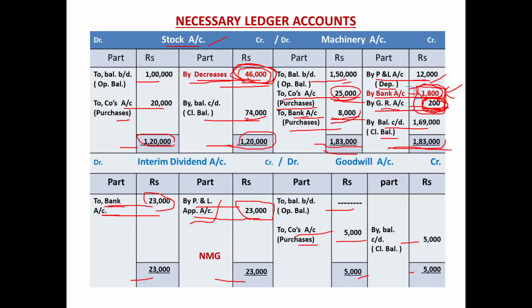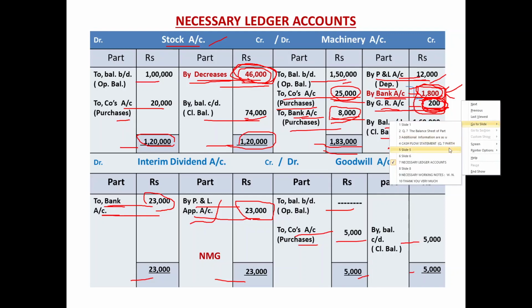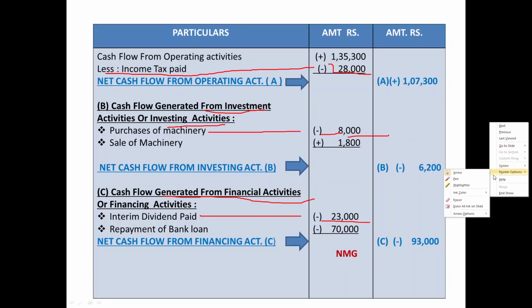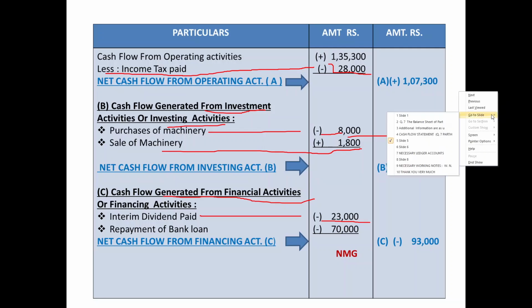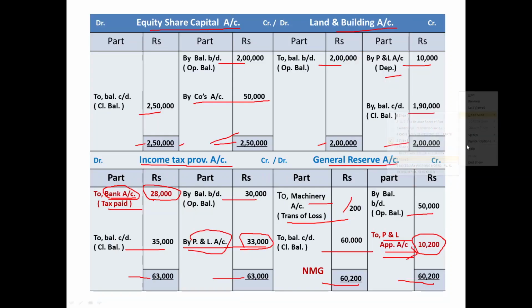Purchases of rupees 8000, we already reported in the cash flow statement under title B. Depreciation also we reported under title A. Now this bank selling price 1800 indicates a cash inflow under title B. Investing activities, sale of machinery plus 1800. The loss of rupees 200 has been transferred to the GR account as we already saw.